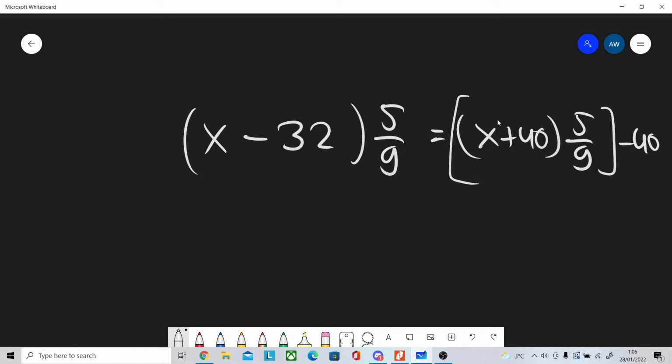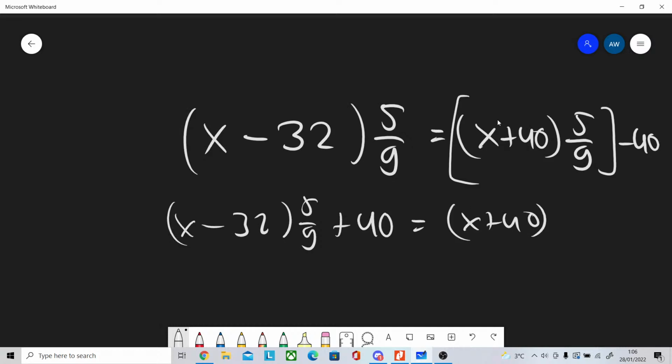Is this true? Well, we can just add 40 on both sides. (x minus 32) times 5/9 plus 40 is equal to (x plus 40) times 5/9. Cancel the 5/9.